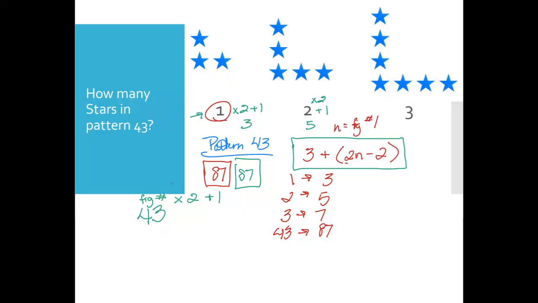Well, what would I get as a result if I simplified that? 2n plus 1. Is that right? Because if you add 3 and you take away 2, that gives you 1 left, and you have 2n plus 1. Is that not essentially what Damari did? He took 2 times whatever that figure number was and then added 1.